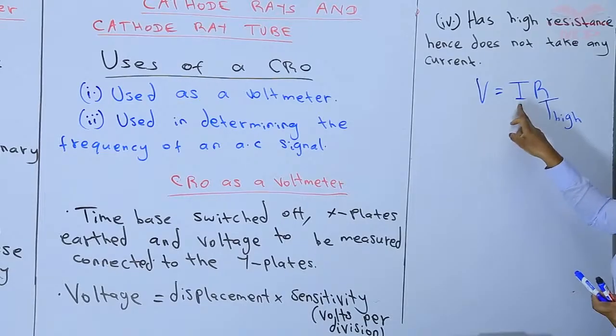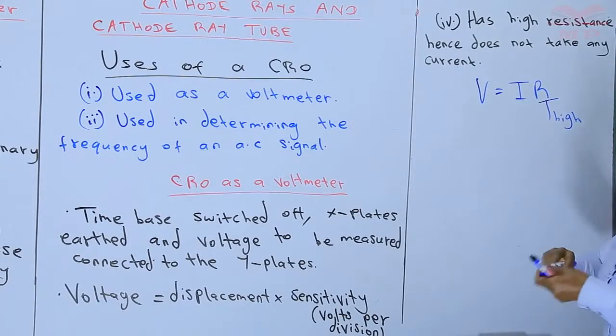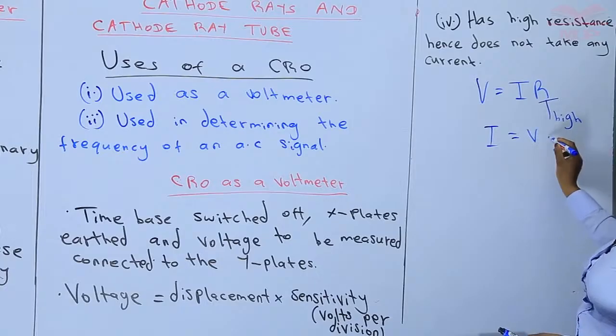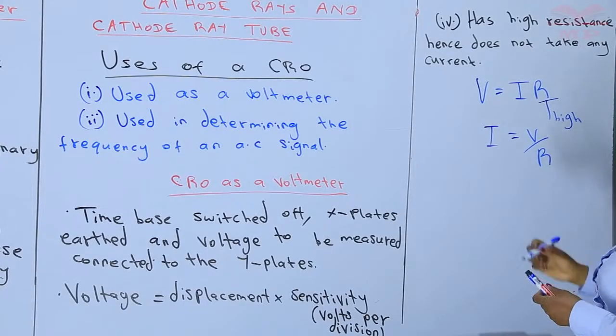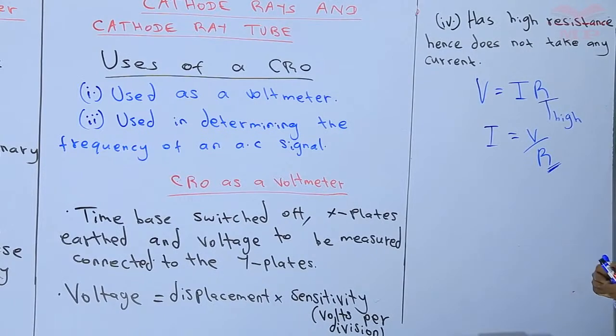The voltage and the current are not going to be affected when the value of the resistance is high, because from this we know that the current will be equal to V over R, and when R is very high, it's not going to affect this current.